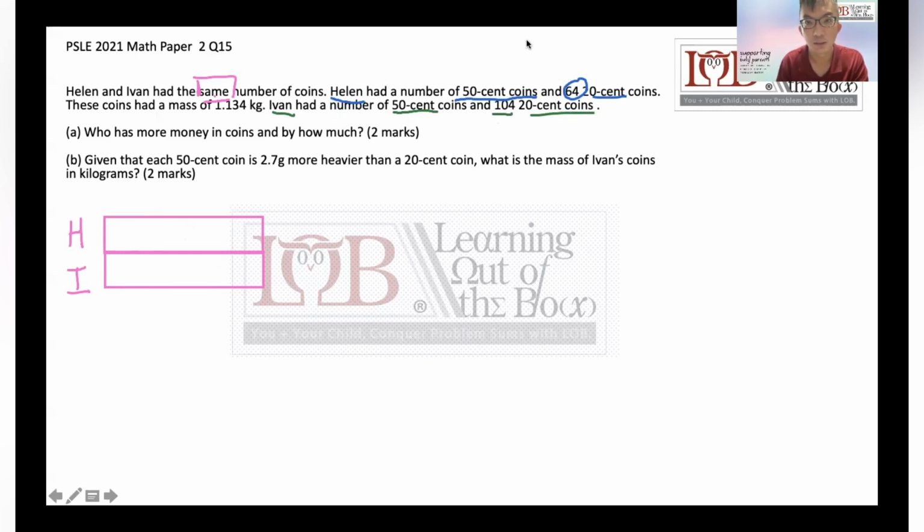Then we have a special information that says these coins has a mass of 1.134 kg. Meaning that this is for Helen, so it's 1.134 kg. Maybe I should use a darker color.